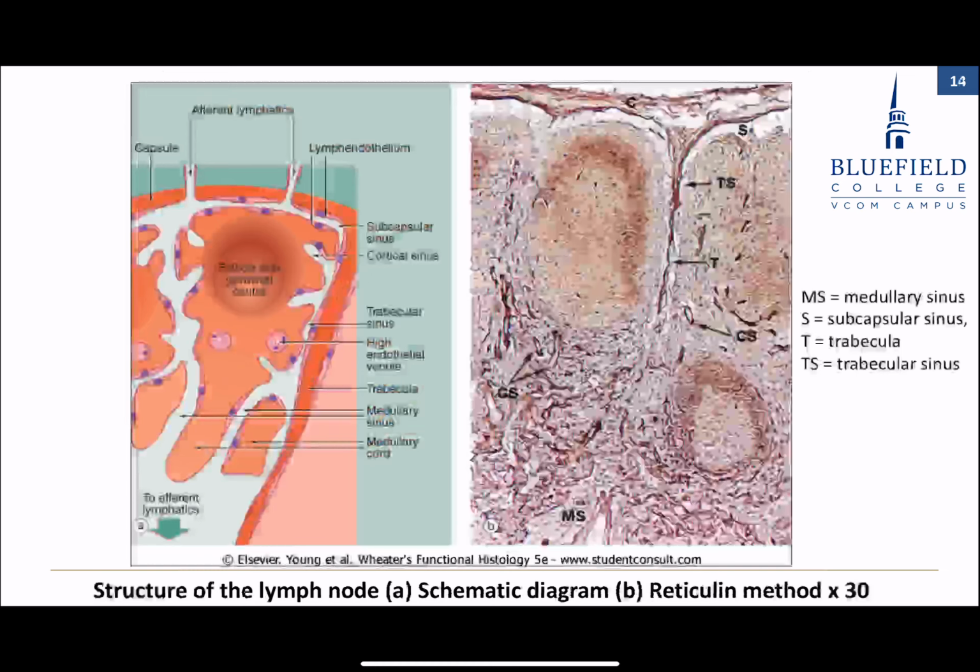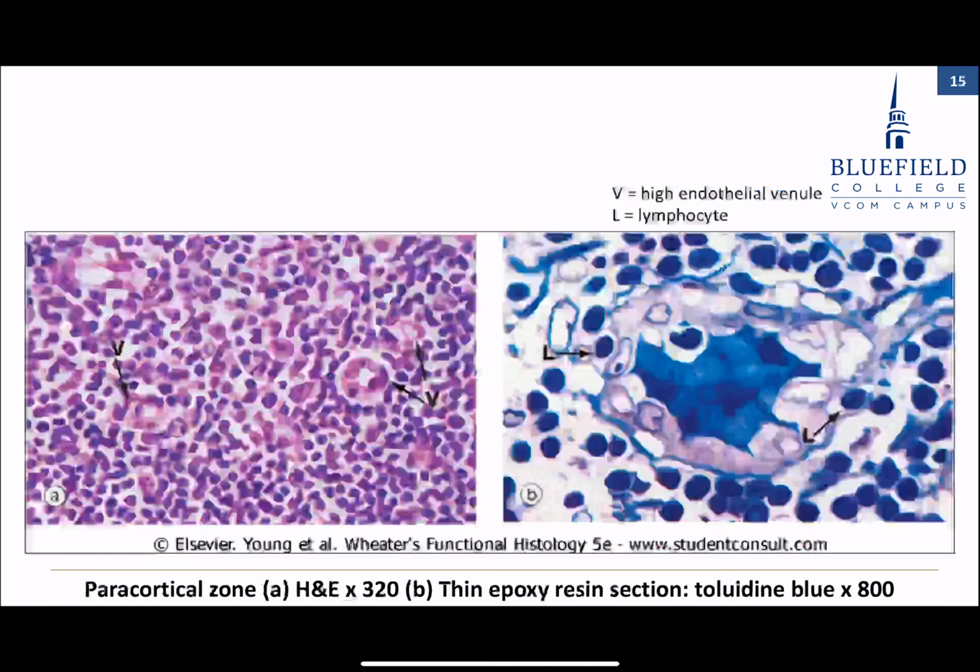We made it easy to get in, and we made it hard to get out. So the fluid has to meander and mingle before it can find that efferent vessel and make its way out of the lymph node. We're maximizing exposure to these immune cells to determine if there's any antigen in there we need to mount an immune response against.